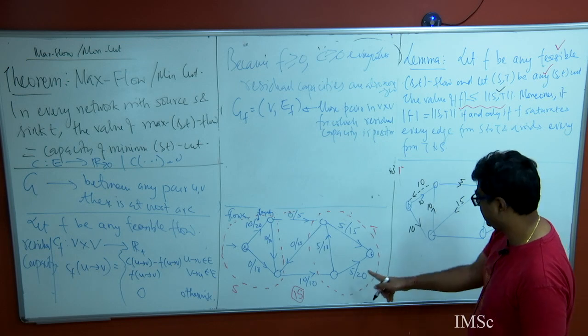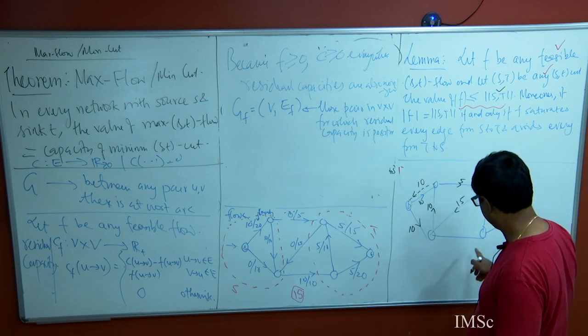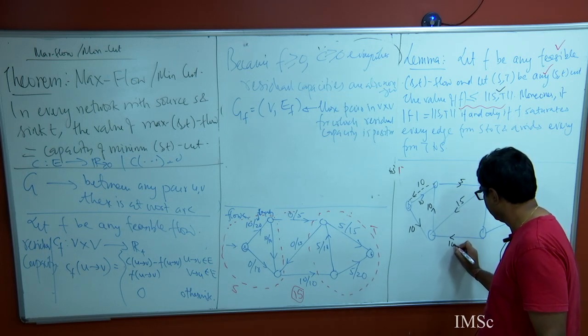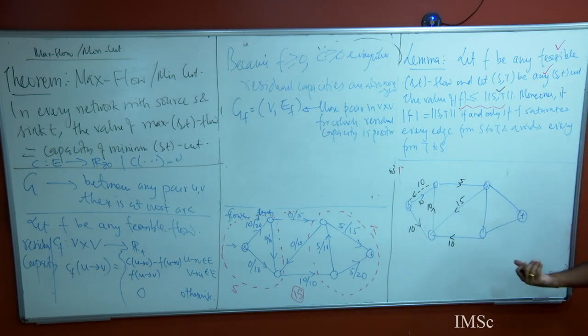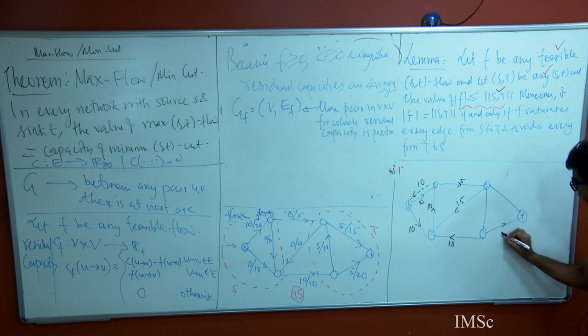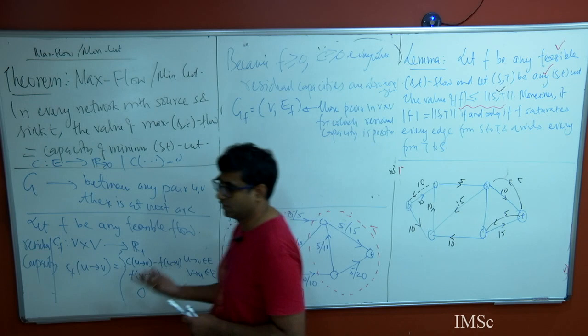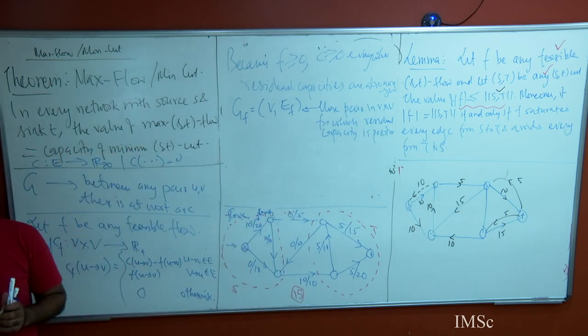And has anything been used here? Yes, all the 10 units have flowed. So this will give us 10 and the other direction has nothing, 0. And similarly here, if you notice, how much has been used? 5. So this is 15 and the other direction is 5. Similarly here is 5, so 10 and the other direction is 5. So this is how you construct a residual network, okay?